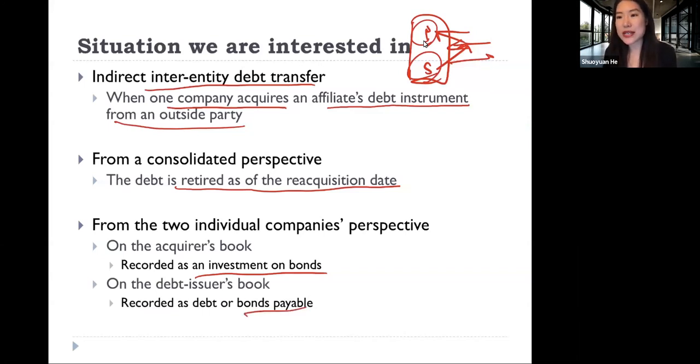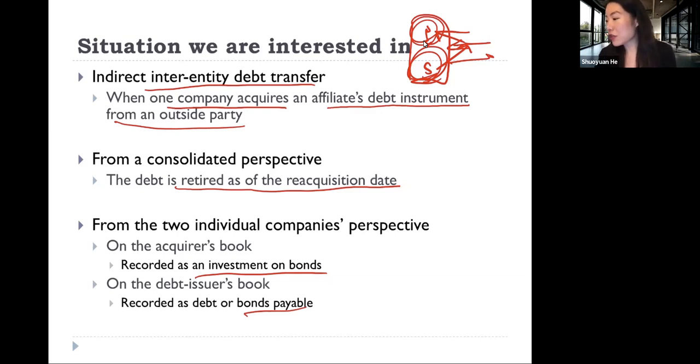So if you look at two firms as different firms, you are going to have an investment account and you are going to have bond payable. And also every year, the parent is going to receive interest and record interest revenue. However, the subsidiary is going to pay out interest, so it is going to record interest expense.